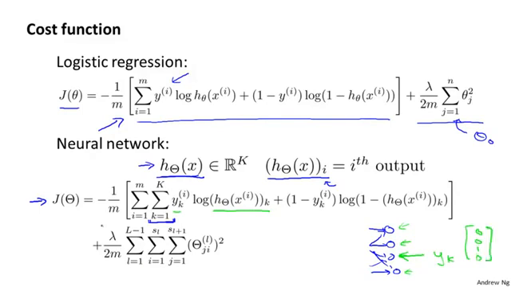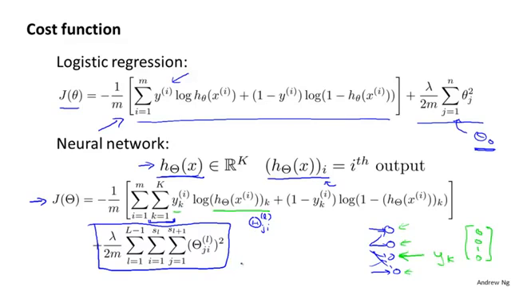And finally, the second term here is the regularization term, similar to what we had for logistic regression. This summation term looks really complicated, and all it's doing is just summing over these terms theta_ji^(l) for all values of i, j, and l, except that we don't sum over the terms corresponding to these bias values like we had for logistic regression.